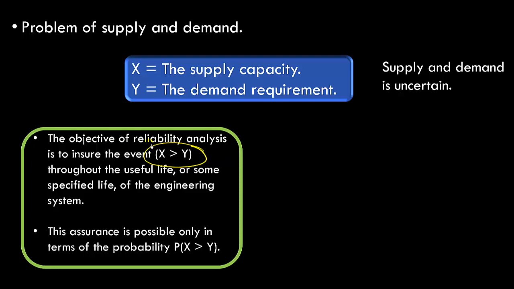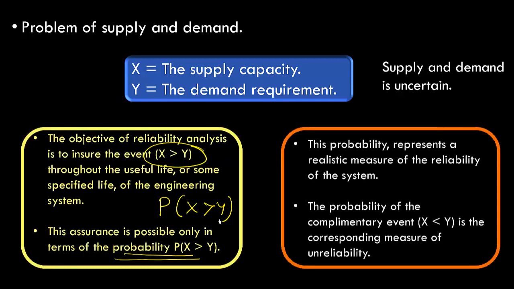This assurance is possible only in terms of probability. So we can talk in terms of P(X > Y): what is the probability that my capacity is greater than the demand? This probability represents a realistic measure of the reliability of a system.